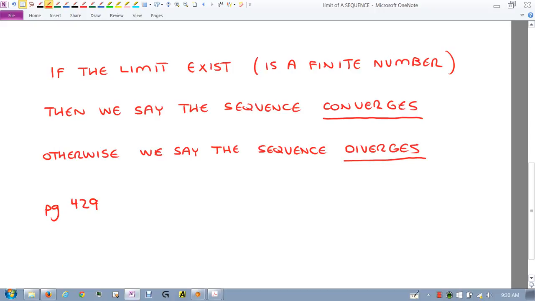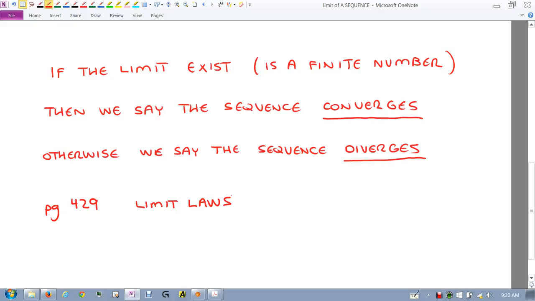There's a box, and it's called the limit laws. I'll ask you to go look at these limit laws. They are very, very similar to the limit laws that you had in Cal 1, which meant that if you were going to do the limit of a sum, you could break it up and do the limit of each one. If you want to do the limit of a product, you break them up and just do the limit of each one and then multiply the answer.